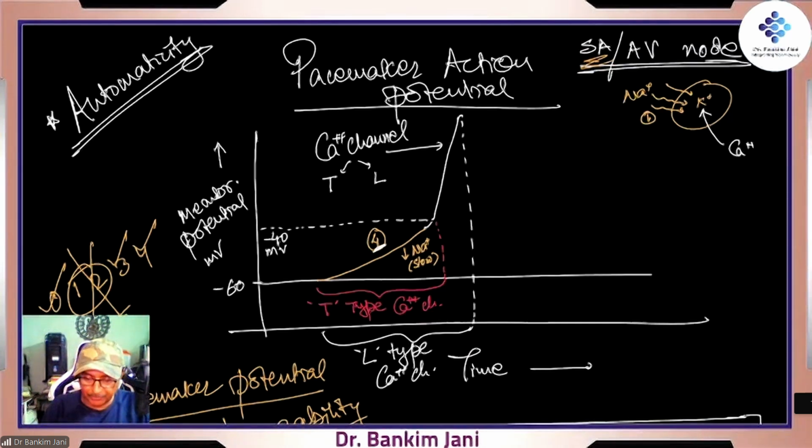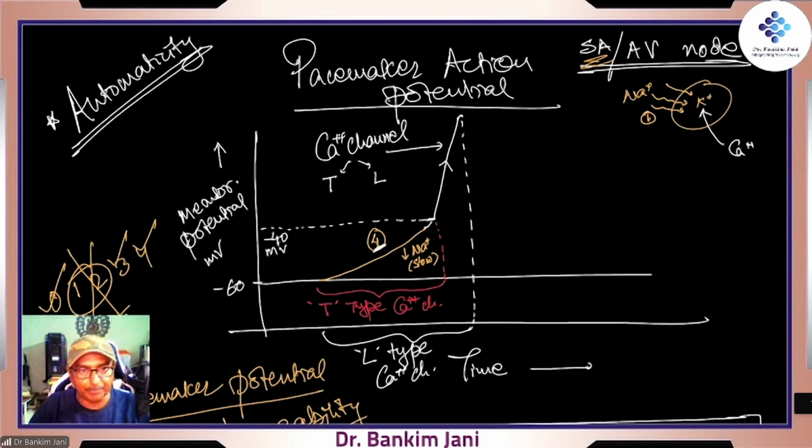T-type calcium channels will occur in association with the slow sodium inward channels, and they will be only up to this trigger point. After that, L-type calcium channels are already there, but now more L-type calcium channels will be deployed, and it will lead to rapid depolarization when it goes up.